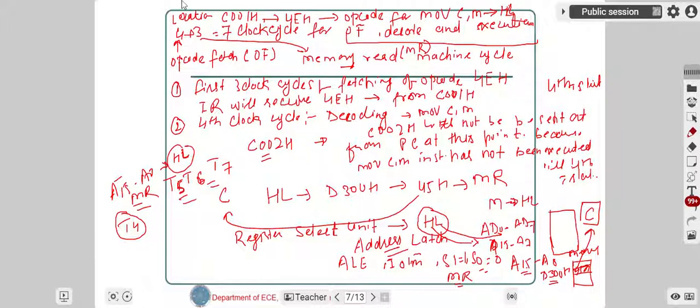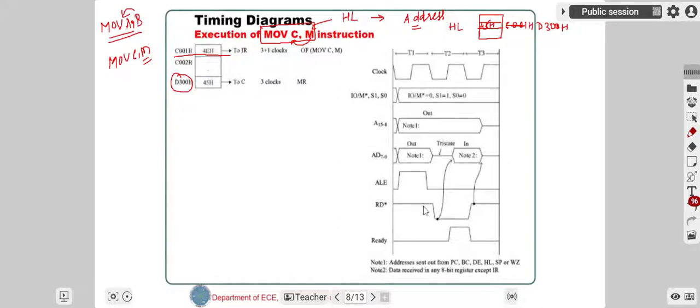If anyone has any doubt, he or she can ask. So let us look at the diagram. This is the diagram for execution of this instruction. Three plus one clock cycles are required for the opcode fetch of MOV C, M. Now, whenever 45H is required to be copied to the C register, another three clock cycles would be required, which is called one machine cycle, the memory read machine cycle.